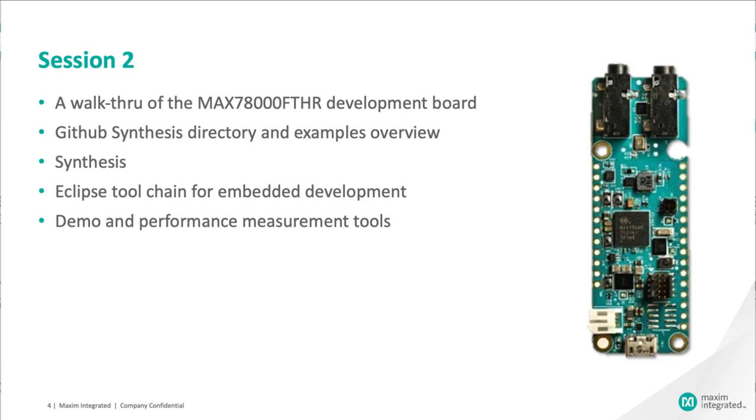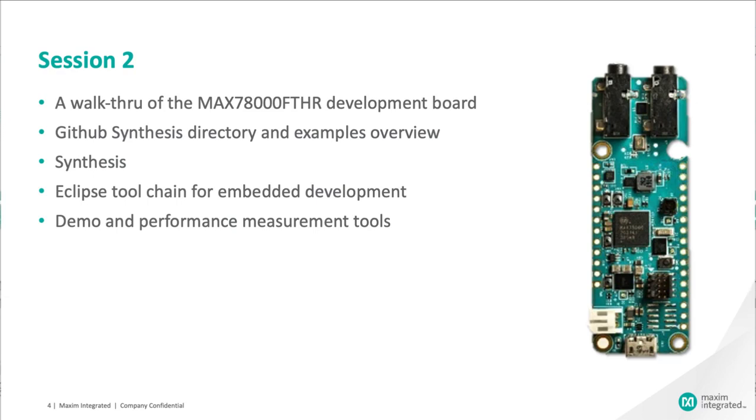After we go through the development board, we will go through the synthesis directory that's in GitHub and talk about some of the examples there, a continuation of the machine learning examples we talked about yesterday. And then we'll spend a lot of time on the synthesis step, taking those trained models and converting them to something that will run on silicon, run on the MAX78000.